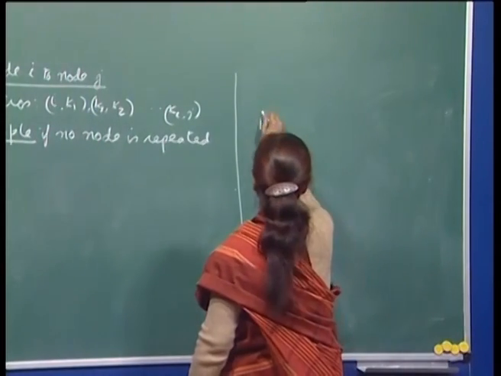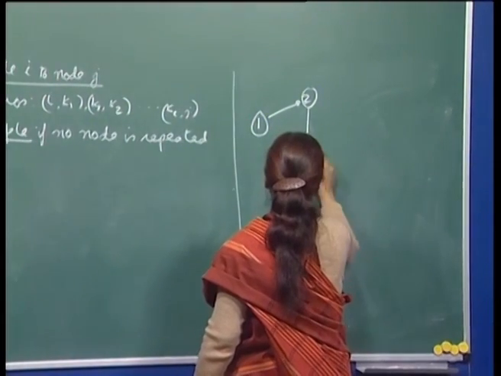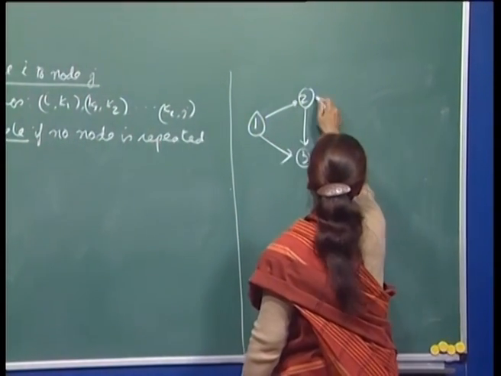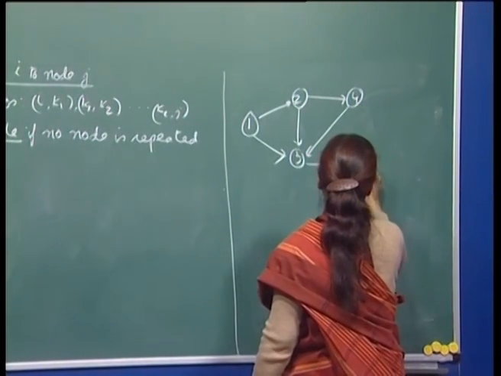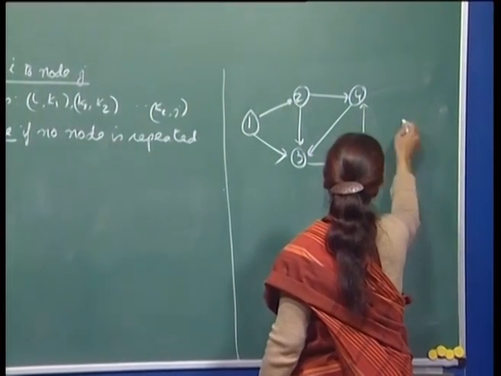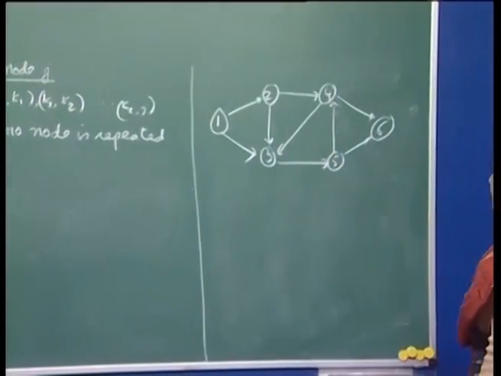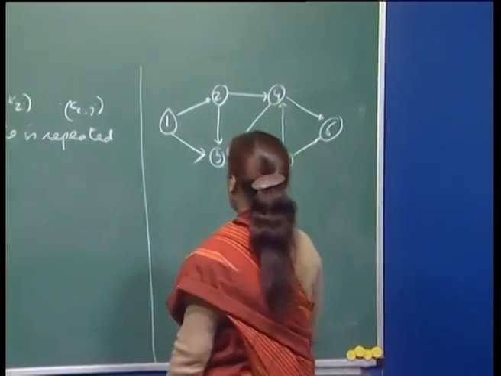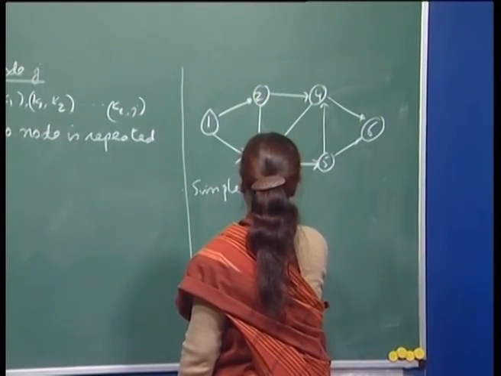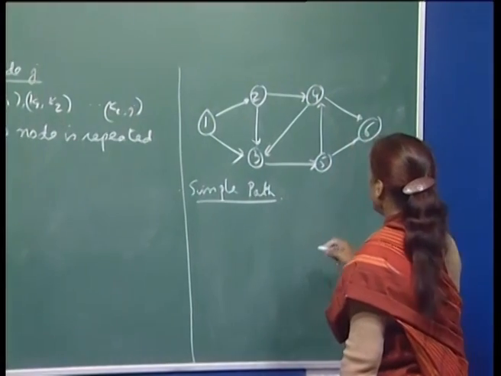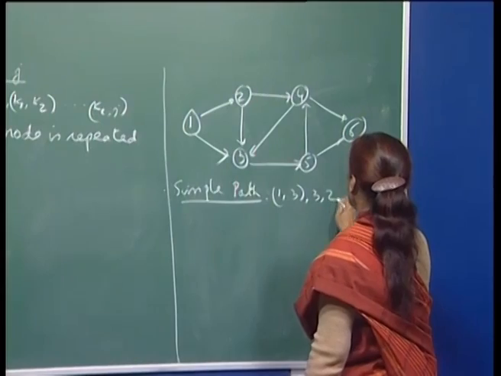Let us just consider a directed graph. Okay. So, you have a directed graph here. So, for example, a simple path would be something like 1, 3, 3, 2.